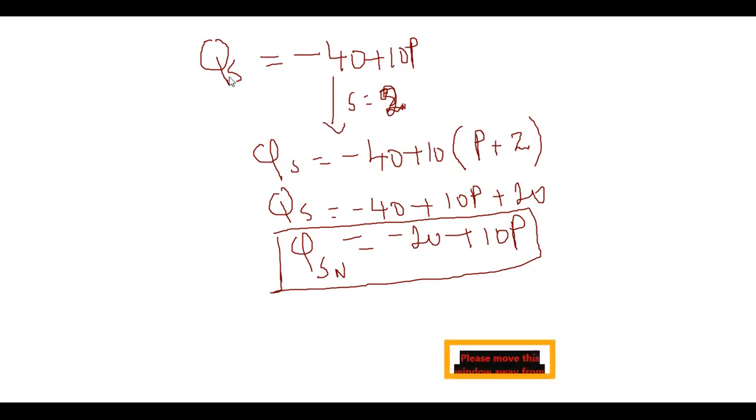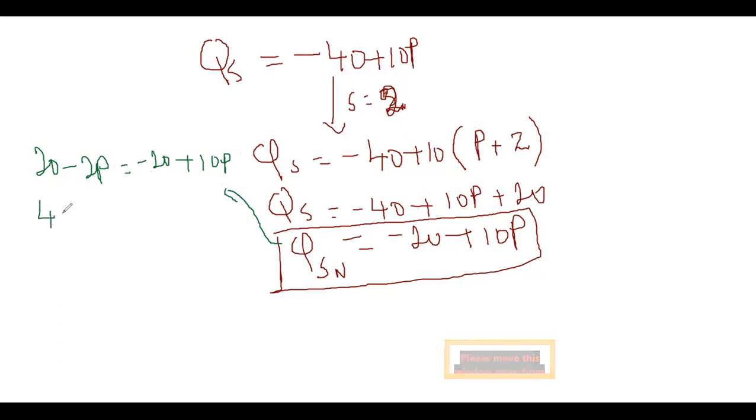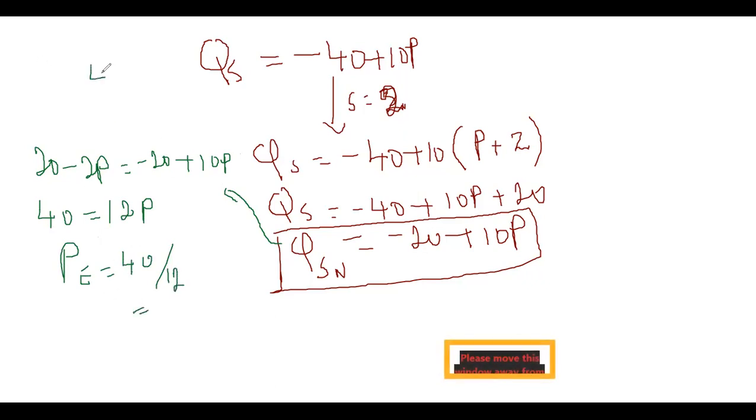The demand equation is 20 - 2P, and the new supply equation is -20 + 10P. So 40 = 12P. Then the new equilibrium price is 40 divided by 12.